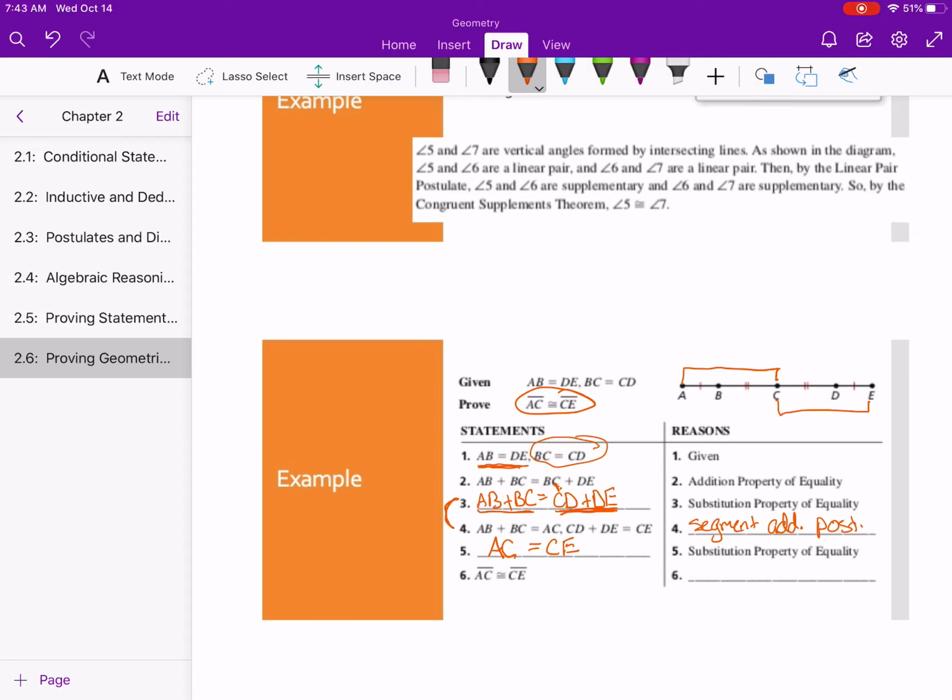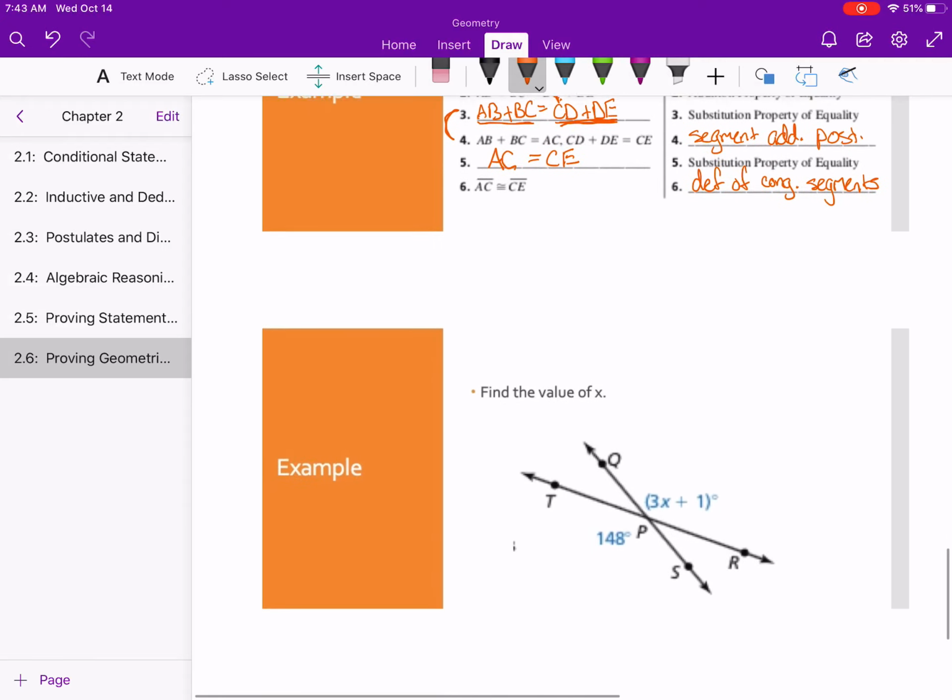Then, once we know that their lengths are the same, we can say that they are congruent by the definition of congruent segments. Because remember, the definition of congruent says that they have equal measures, so it goes back and forth. If we know they're congruent, we can say that their measures are equal, or if we know their measures are equal, we can say that they're congruent.